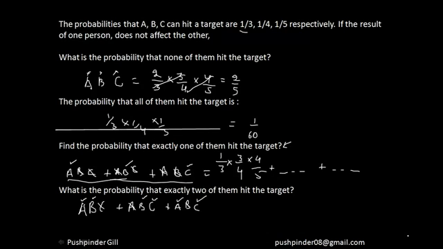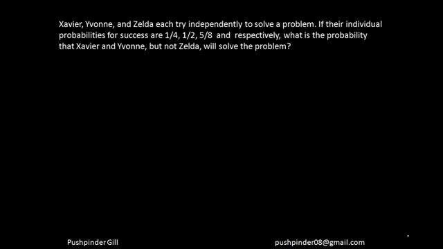So let's just move ahead and do the last question of the video. So in this question, Xavier, Yuan, and Zelda each try independently to solve a problem. And the probability of them solving it is 1 by 4, 1 by 2, and 5 by 8 respectively. So let me just remove this, it's redundant. What is the probability that these 2 hit the target and this doesn't?